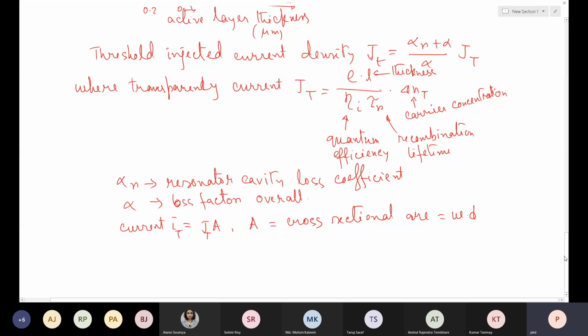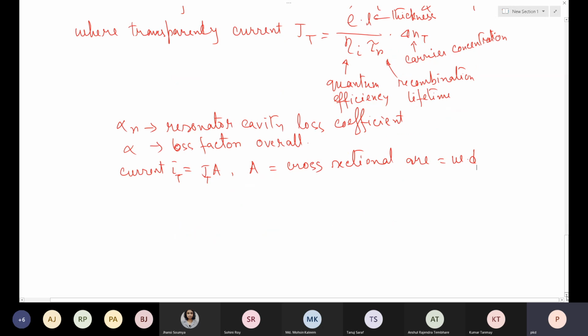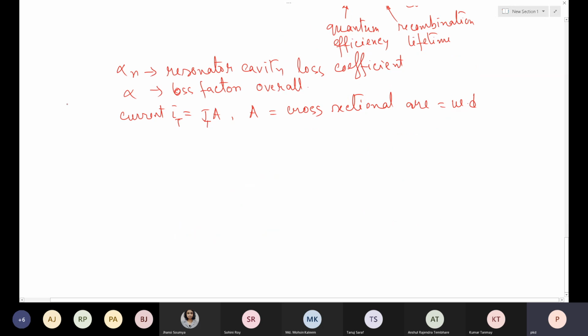So if we take one example, the example of threshold current of an indium gallium arsenide phosphide laser.